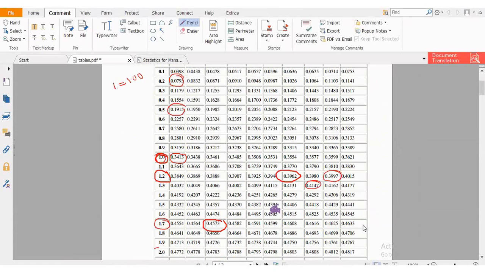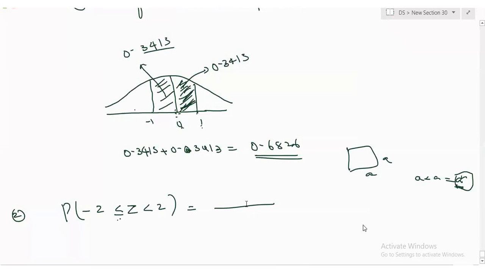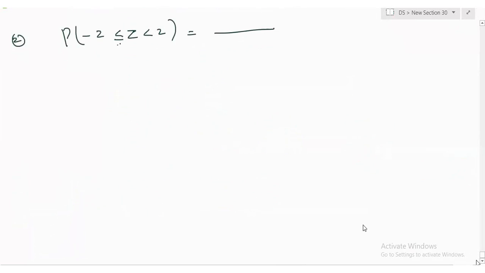So first you follow the steps. Don't solve the problem just like that, because when I give some other problem you get confused. Follow the steps. Draw the picture. 0 here. What do I need to mark? He is asking between these two values, right?